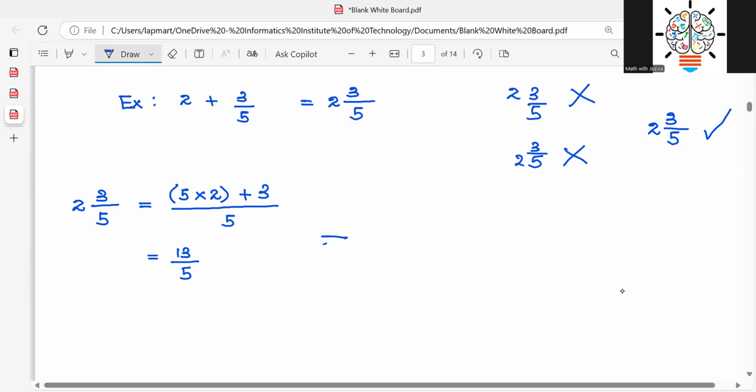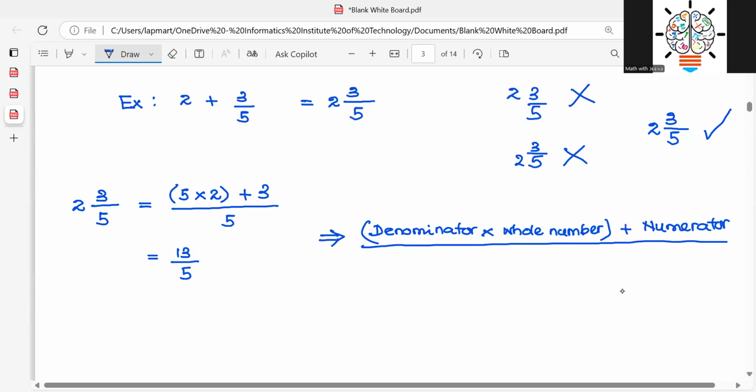So if I give you the theory related to this, what we need to do when we convert a mixed number into an improper fraction is multiply the denominator value by the whole number, and you get the answer and add the numerator. And the whole thing we divide by the given denominator value.